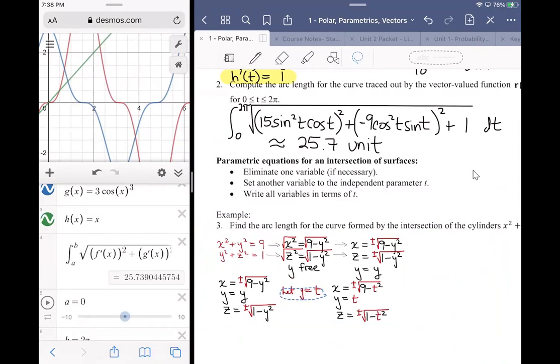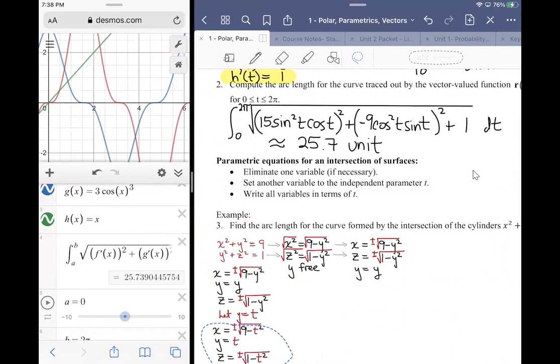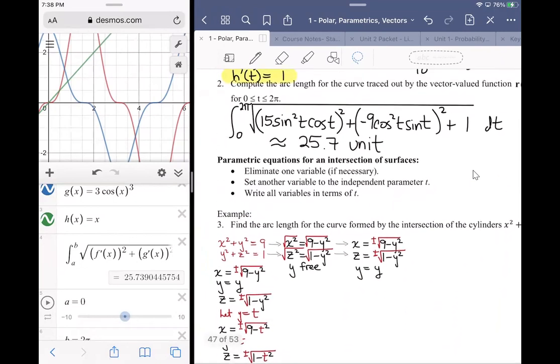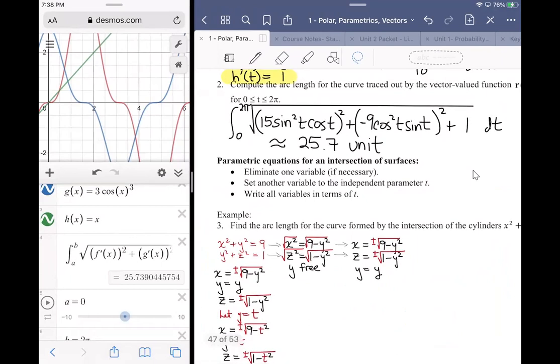So let me just snag this. I'll bring it over here. Bring this up a smidge. Bring that down right now. Organization. That's the key. So we have all this stuff going on. And so now I could define my vector valued function.